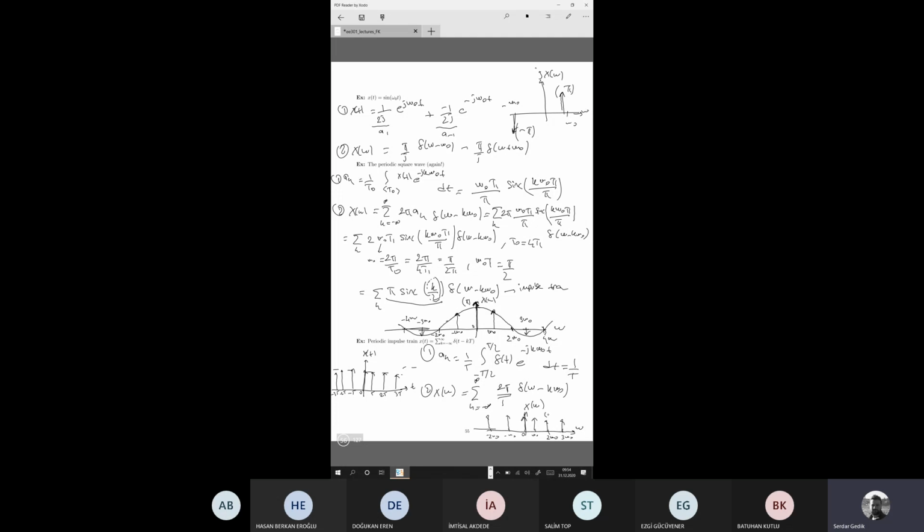Of course, they all have the same area of 2 pi over T. So the periodic impulse train has a Fourier transform which is also a periodic impulse train. And of course, omega 0 is nothing but 2 pi over T.